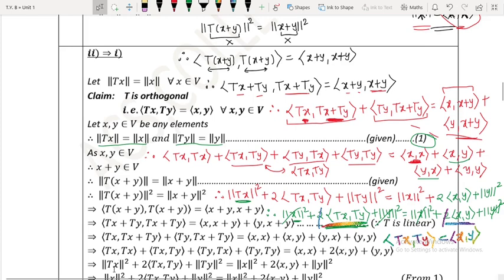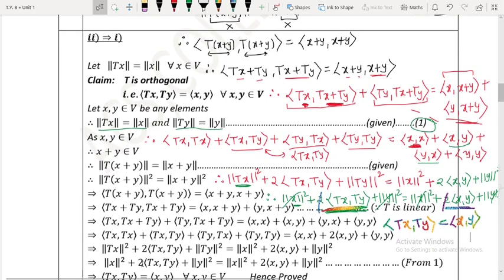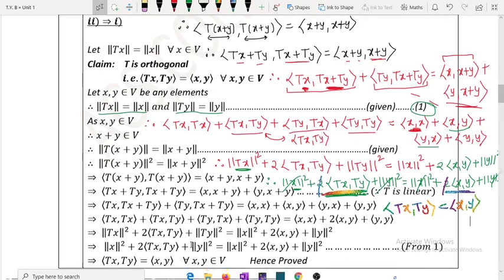Now by using the formula that the inner product of x with x is norm of x squared, that formula we have used. Then this we got from condition 1, since norm of tx is norm of x and norm of ty is norm of y, then simply by cancelling the terms, we get this, and therefore T is orthogonal, and that is what we wanted to prove. So this is about the proof of the theorem.